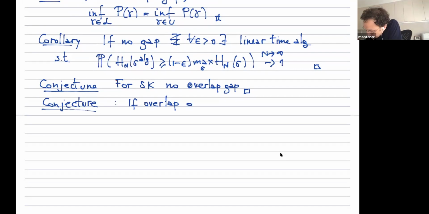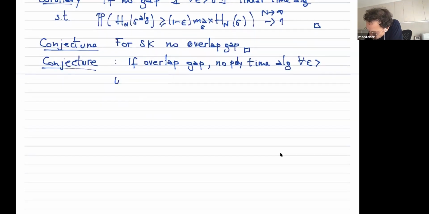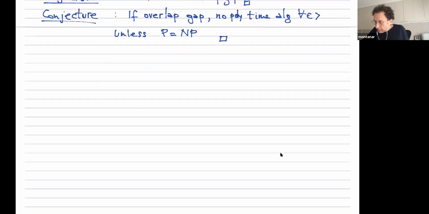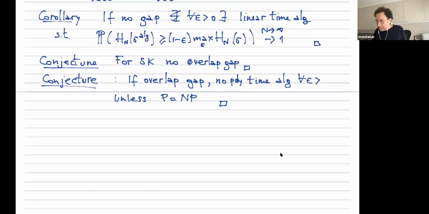If overlap gap, then no polytime algorithm for any epsilon positive, unless... okay, and people have analyzed special algorithms of other types in this case, and you can get proof that those algorithms fail. Okay, so that's the result.